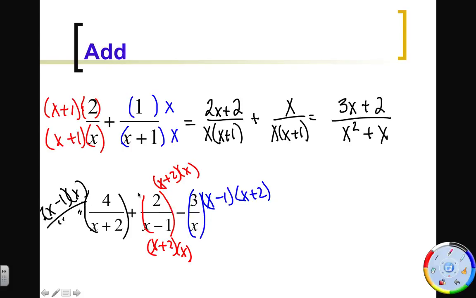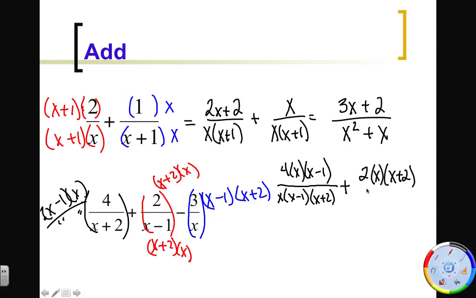All right, so now on the left fraction, I have a 4 times x minus 1 over, by the way, a new denominator of x, x minus 1, x plus 2, plus a 2 times x plus 2 over x times x minus 1 times x plus 2. And I can't use black over here because I'm going to run out of room. So let's use red.